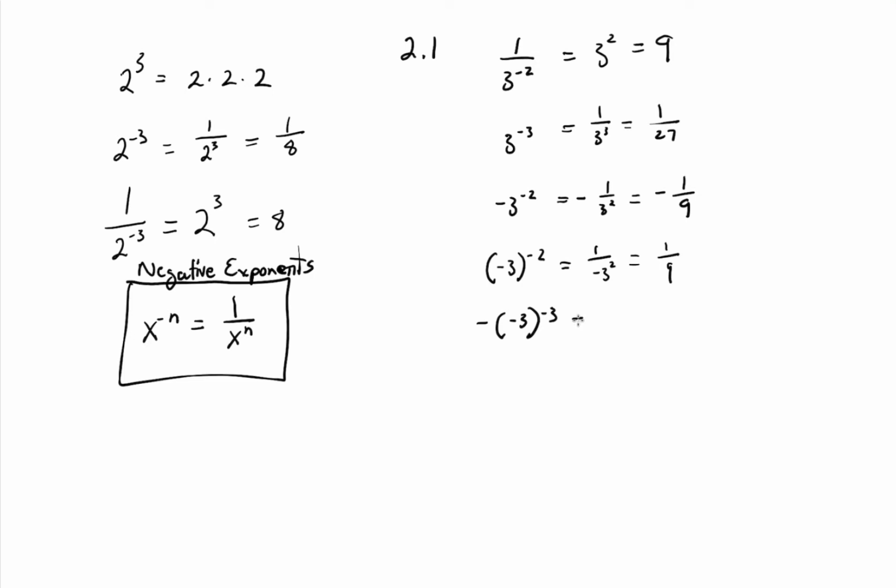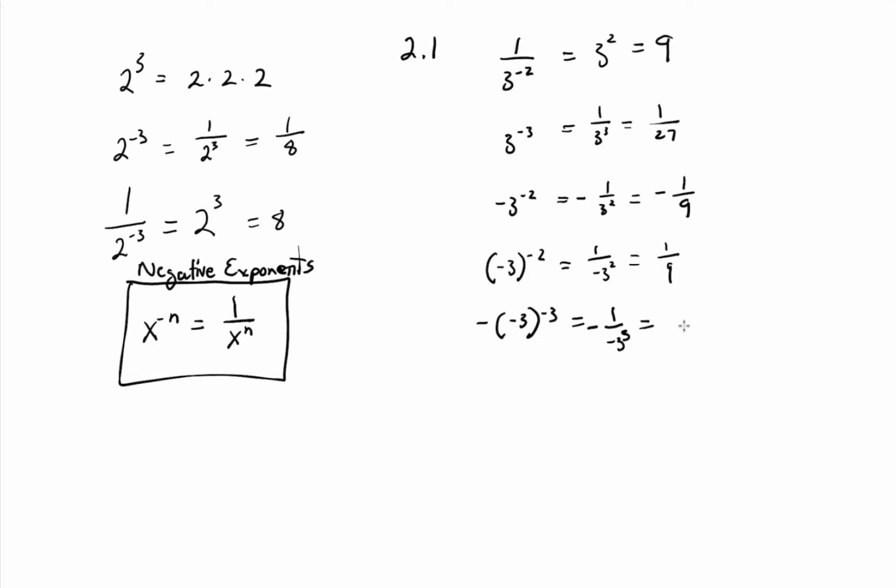Okay? All right, now in this one, the negative is not included, so we have to do this part first, right? So that's going to be 1 over negative 3 to the 3rd, and then we're going to bring that negative into the fraction. So it's a negative 1 over negative 3 to the 3rd.